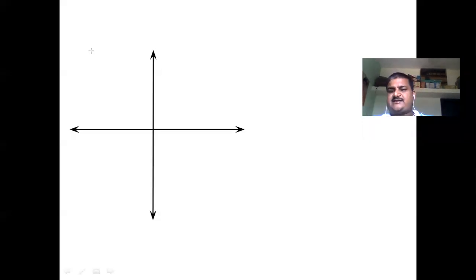अब मेरा आपसे सवाल ये है कि x और y, these are the planes. Everybody is clear with me? These are the planes, and planes have 2 dimensions.